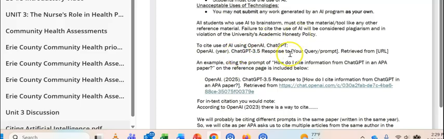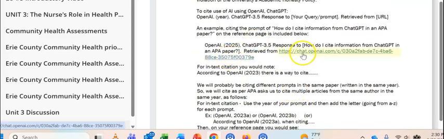And there's a way to cite it, and I have that way right here. You're going to say OpenAI 2026, ChatGPT response to, what was your question? What was your prompt? And so you can see it here. This is an example.